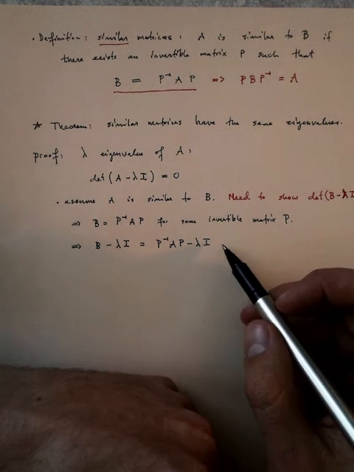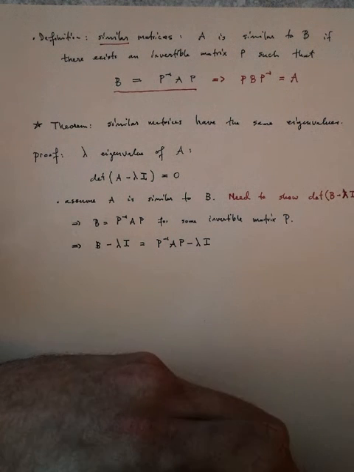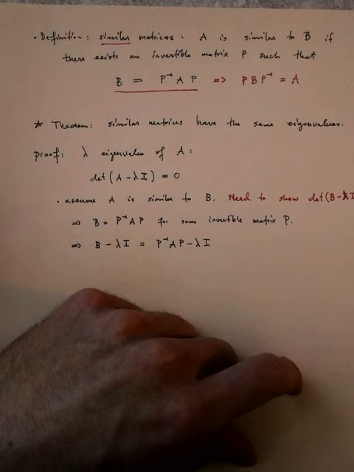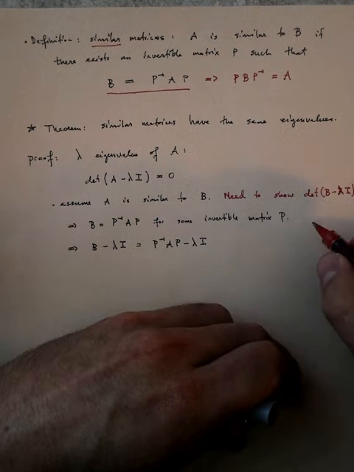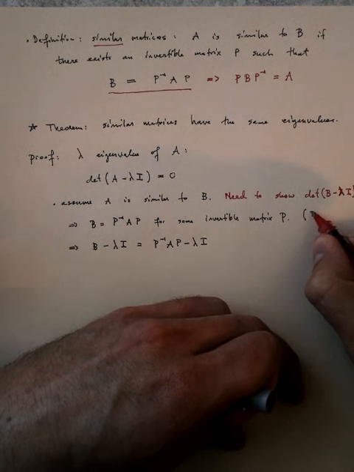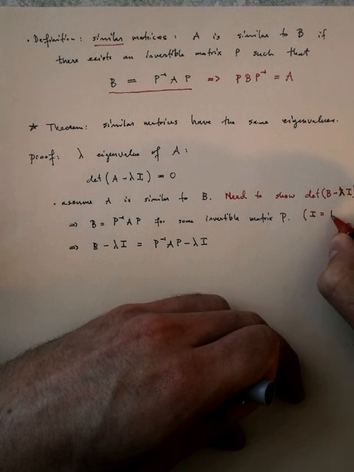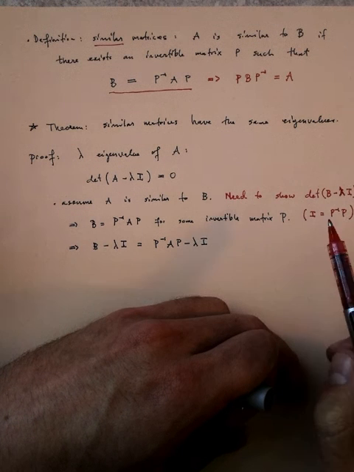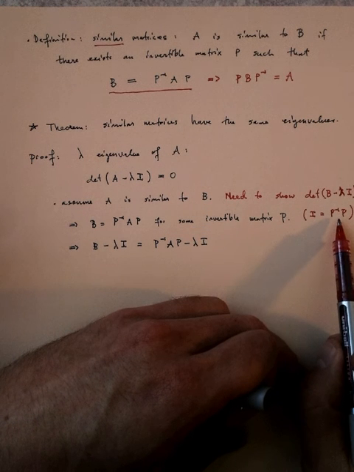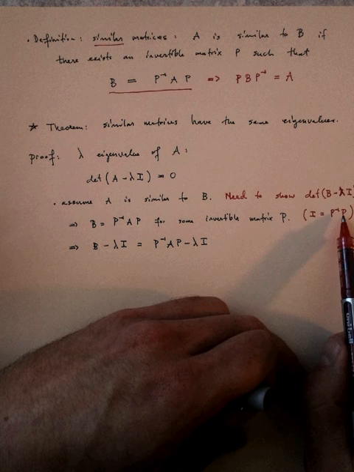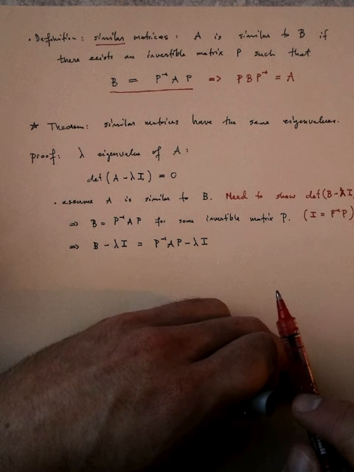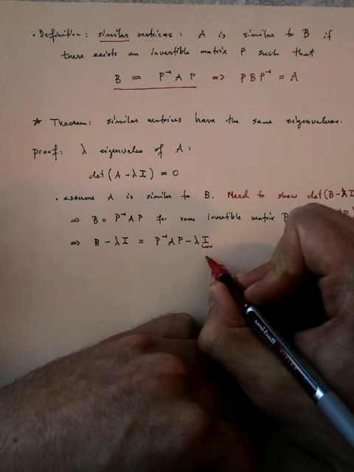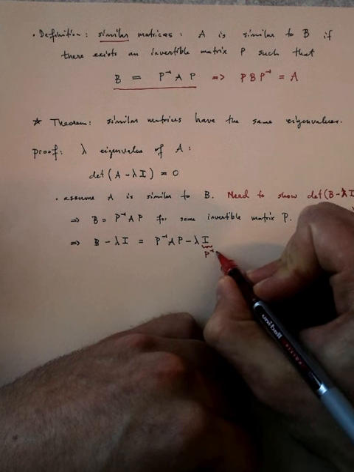So if P is invertible, I know that the identity matrix is equal to P inverse times P. Remember, this is the definition of an invertible matrix. The inverse times the matrix equals the identity, right? So I'm going to replace this by P inverse P.